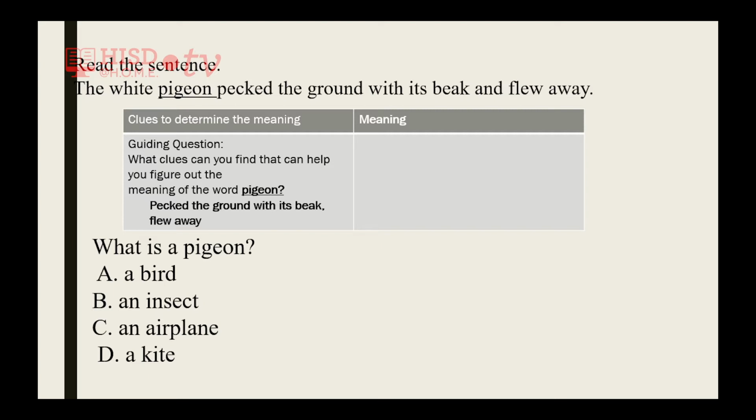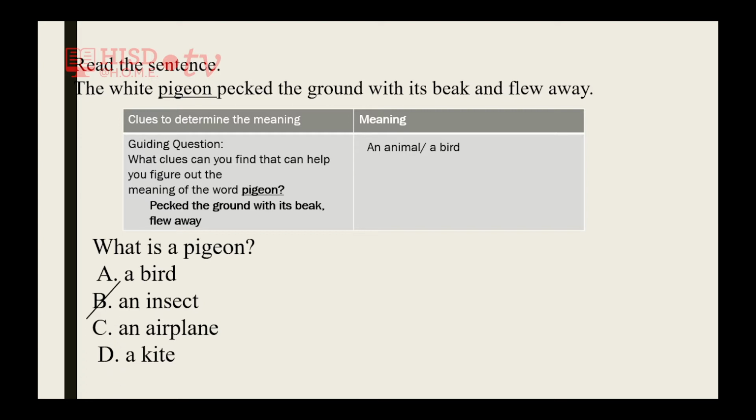So from those clues, you can determine that the meaning of pigeon is an animal or a bird, because an animal or a bird pecks the ground with its beak, and a bird can also fly away. So what is a pigeon? A, a bird, B, an insect, C, an airplane, or D, a kite?